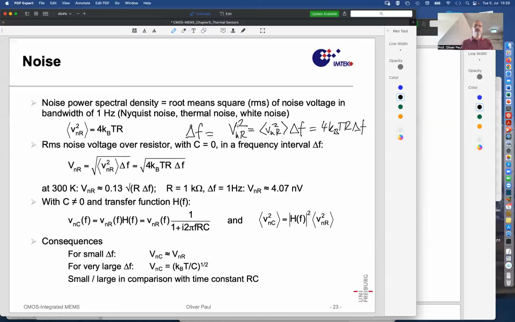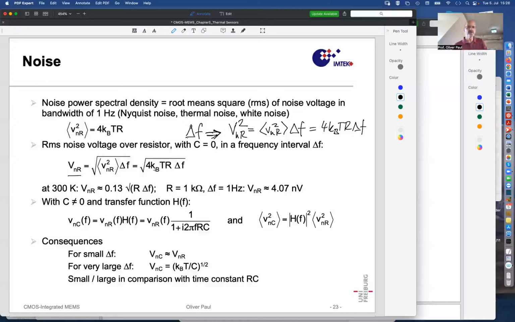And this is actually a square here, so I need to add some explaining. This implies that the outcome VNR, the root mean square noise voltage measured from such a resistor over a bandwidth delta F, is equal to this thermal contribution, 4 kBT R times delta F, with the square root.